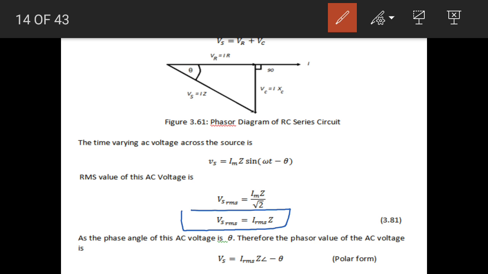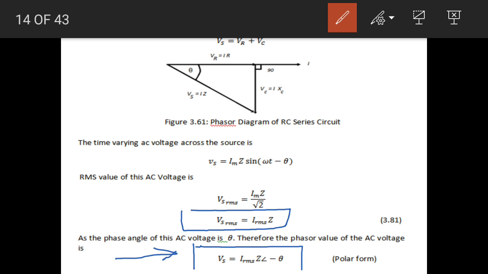So we know the RMS value of this AC voltage and the angle of this AC voltage, so we can find out the phasor value of this AC voltage. The phasor value of this AC voltage is in polar form.